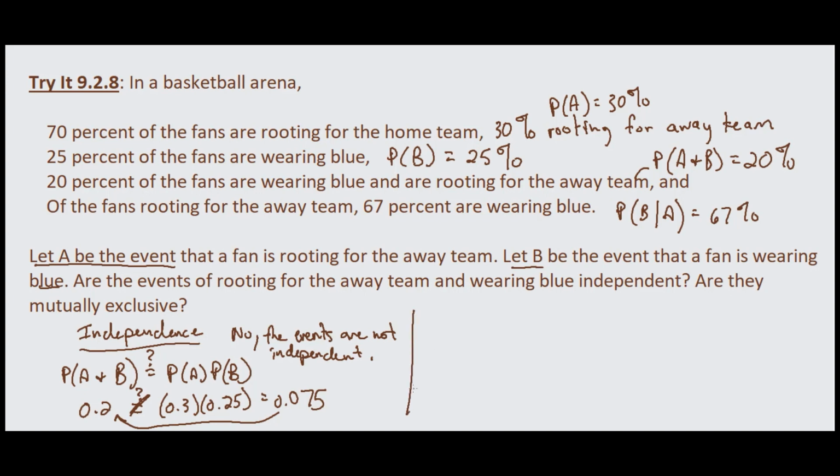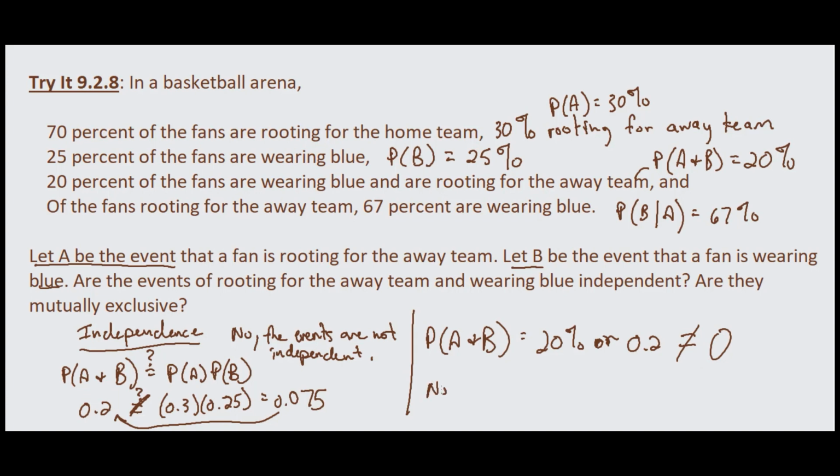Now, what about mutual exclusivity? Are they mutually exclusive? Well, no. We're given the probability of A and B, the probability of rooting for the away team and wearing blue, equals 20% or 0.2, which does not equal 0. If it's mutually exclusive, the probability of them both occurring is going to be 0.